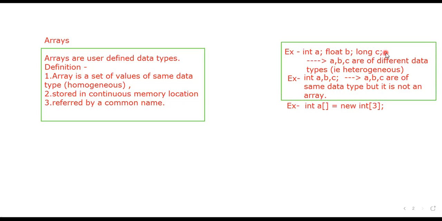They are three different variables A, B, C of different data types, or of same data type, but these are not arrays.